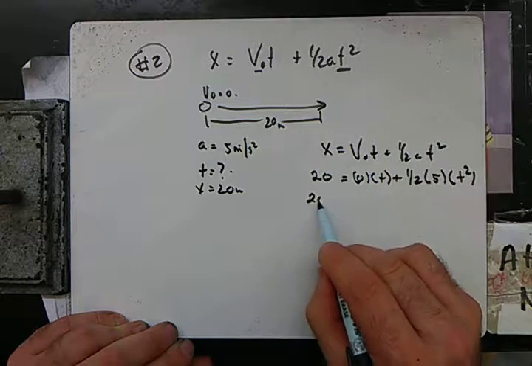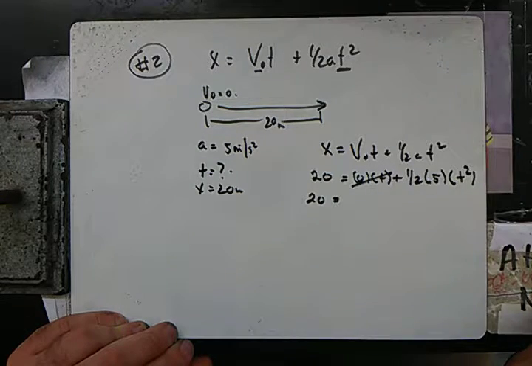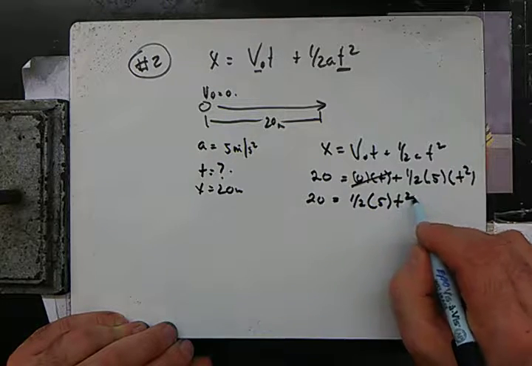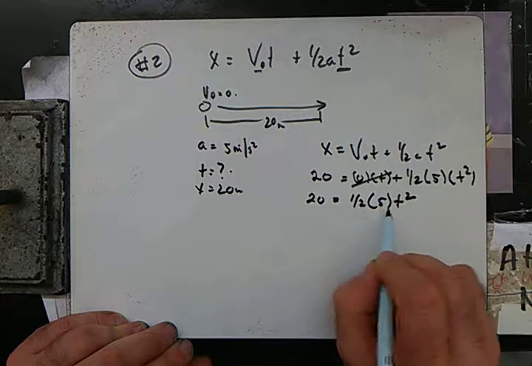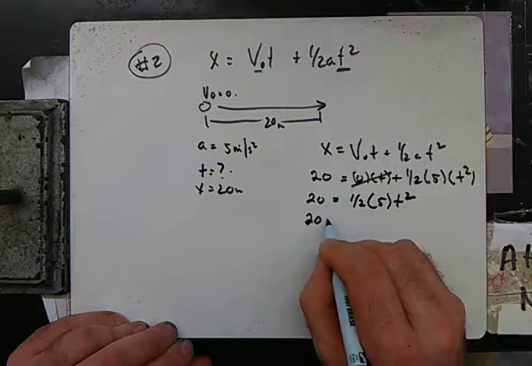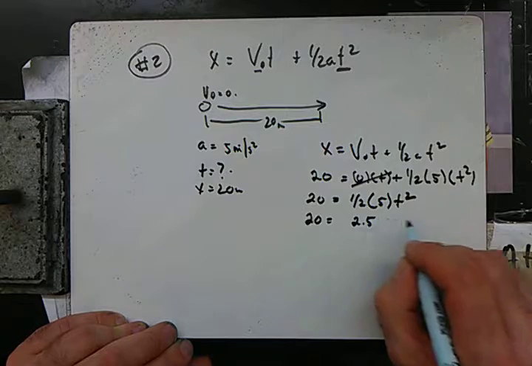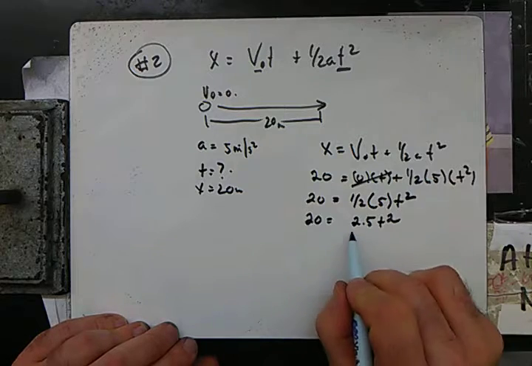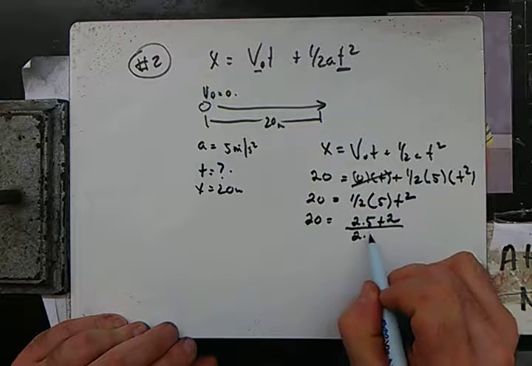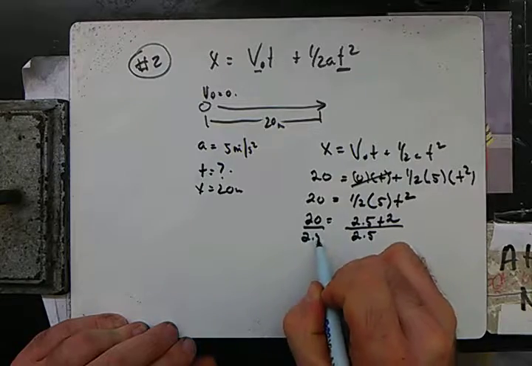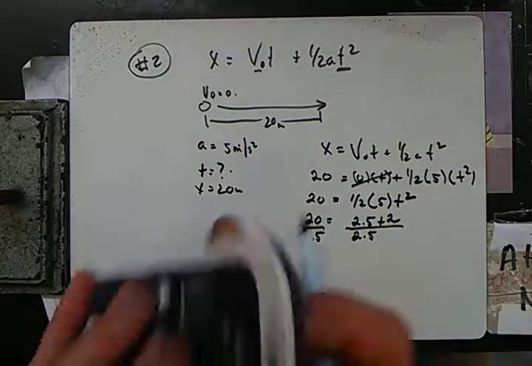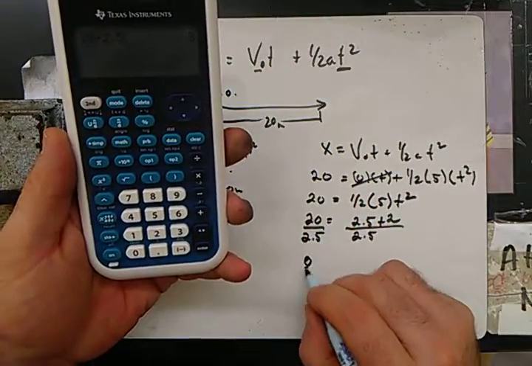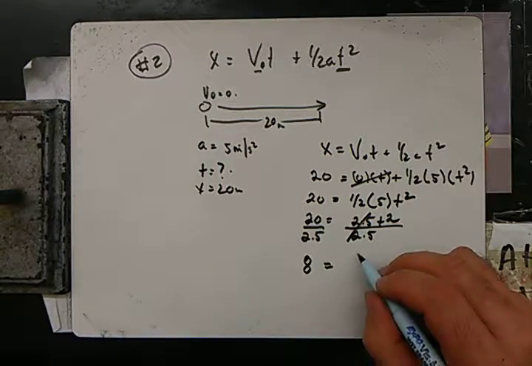Okay, let's clean this up a little bit. 20 equals... 0 times anything is 0. Half times 5 times t squared. Half times 5 is 2.5, so 20 is 2.5 t squared. Order of operations tells you that you've got to get rid of the 2.5 by division because it's multiplied. I'll just do that in the calculator: 20 over 2.5 is 8, which equals t squared.